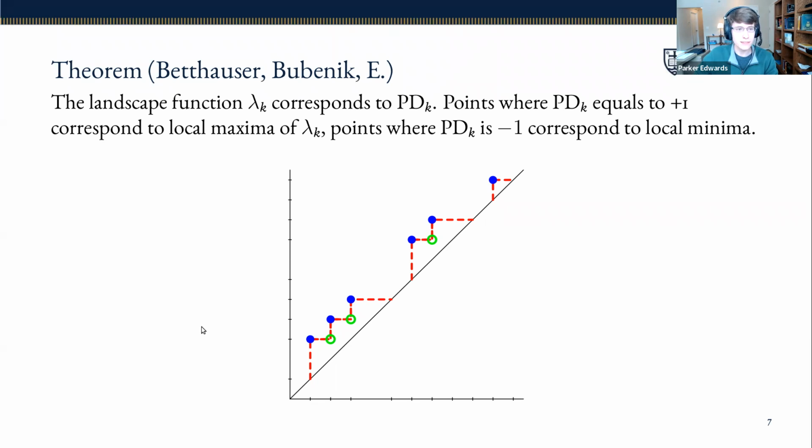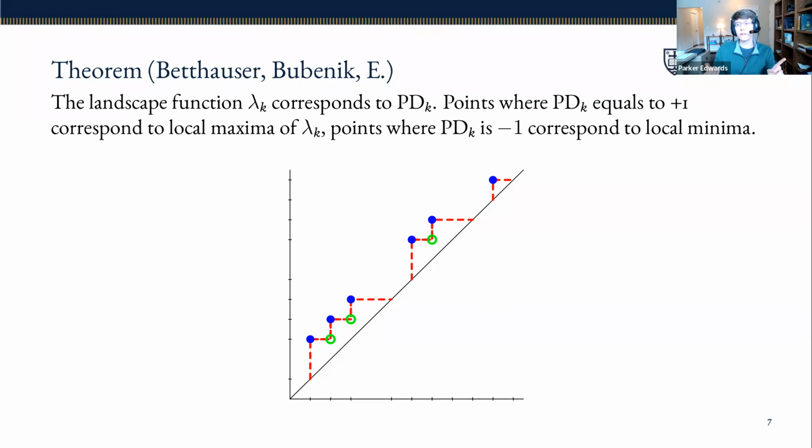So the correspondence is that the kth graded persistence diagram has positive 1s exactly where the landscape has local maxima, has negative 1s exactly where the landscape has local minima, and has 0s everywhere else. So this is a complete characterization of the persistence landscape in a combinatorial and a persistence diagram framework.